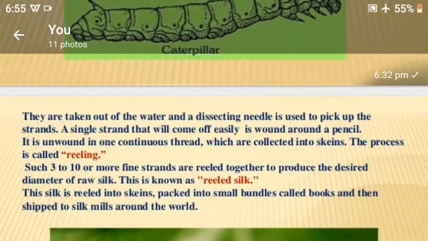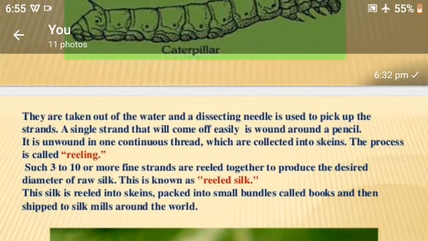They are taken out of the water and a dissecting needle is used to pick up the strands. A single strand will come off easily and is wound around a pencil.